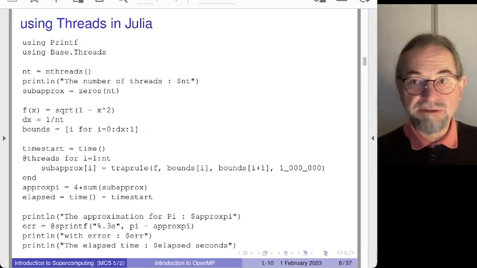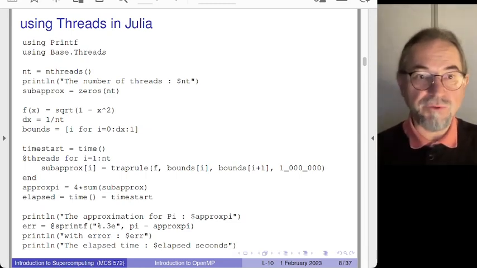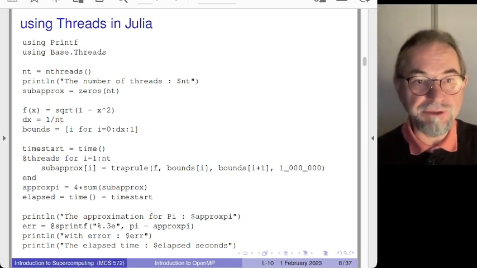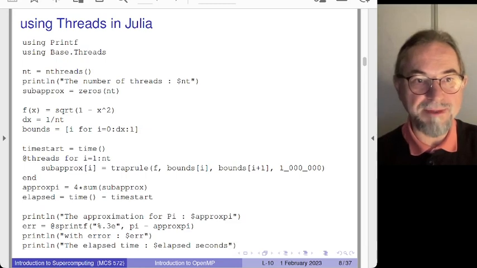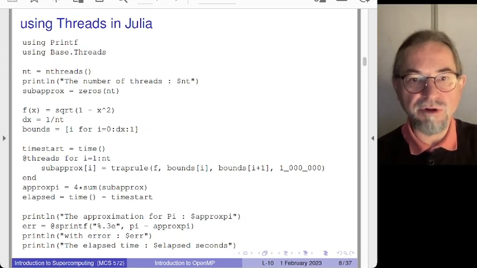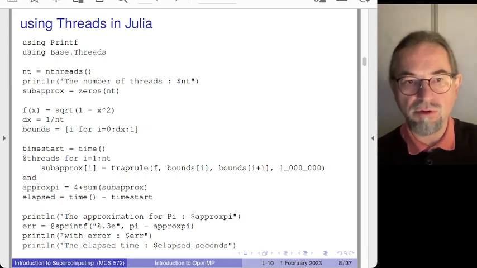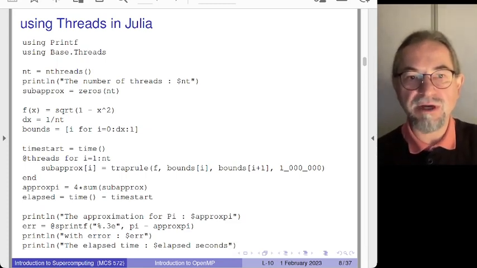So we did this in the first part of the course at the end of the first week. This is high-level parallel programming. There is this directive, the @threads macro, and that will run a parallel for loop. The trapezoidal rule is called with this function, but now with different number of bounds.